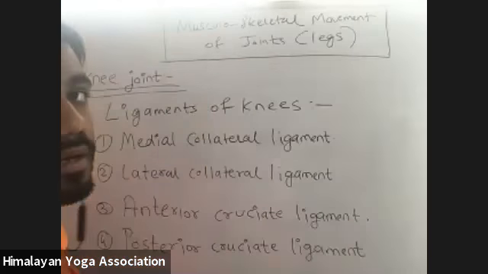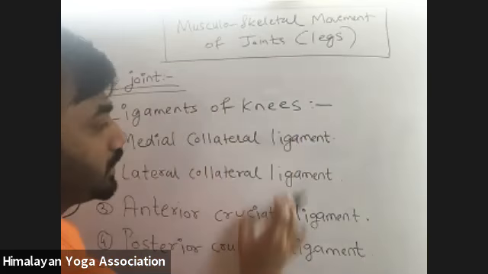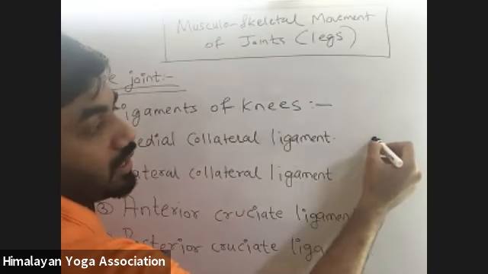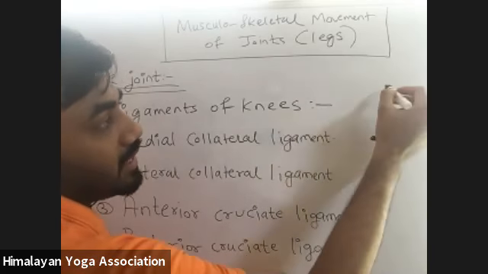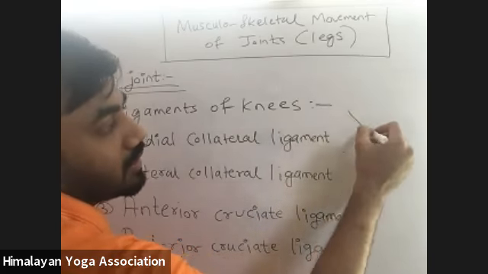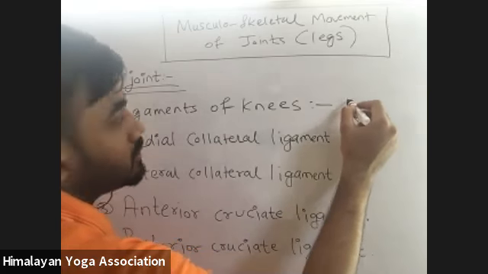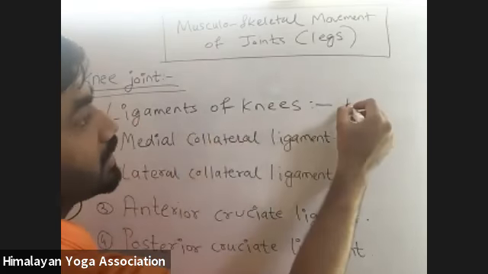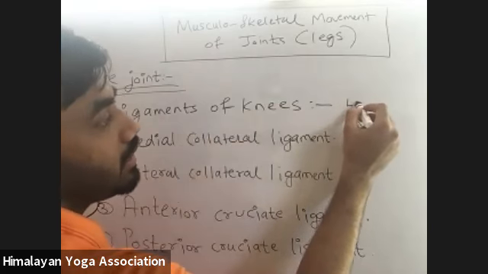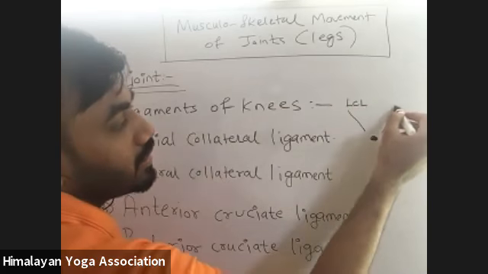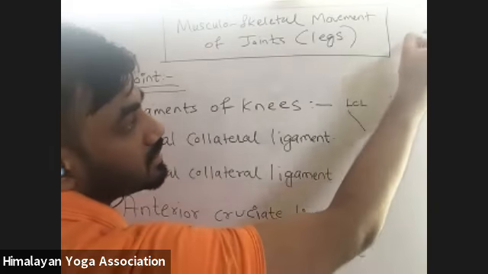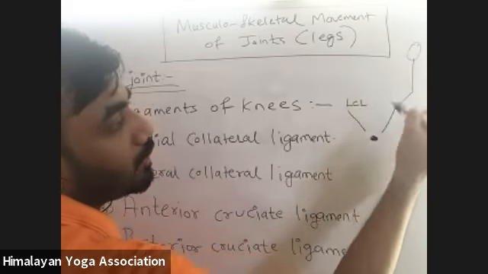So if you have seen this knee joint, if this is your kneecap, then from the lateral side, this is the lateral ligament. This will be your lateral side, lateral collateral ligament, LCL. This is the medial side. That means this is your body and this is your medial side.